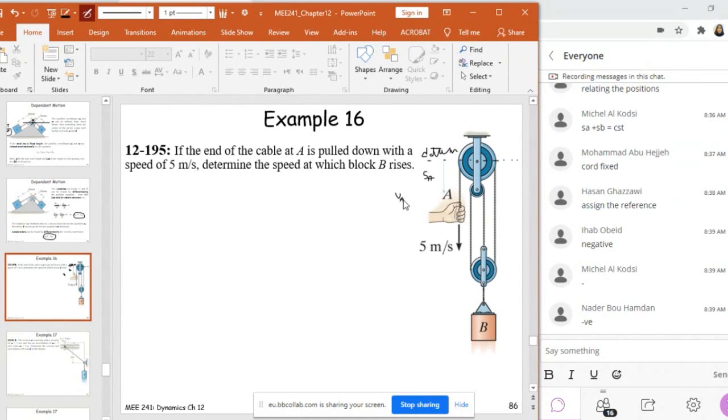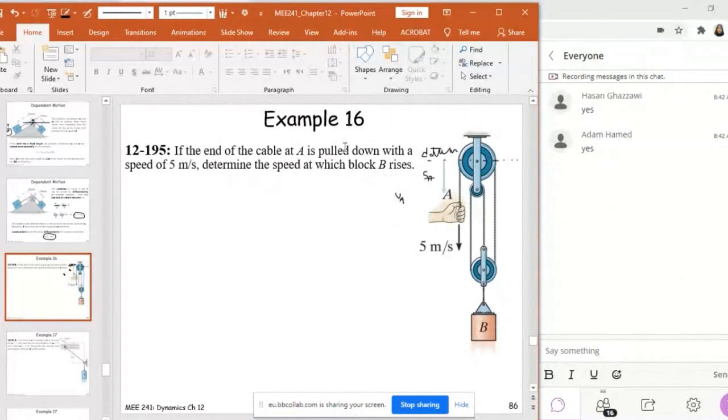Why is it negative? Nader, why is it negative? Guys, I assigned the direction of SA. So what do you think, guys? What is the sign of VA? Is it positive or negative?